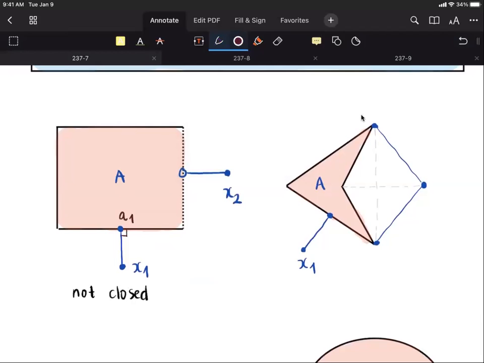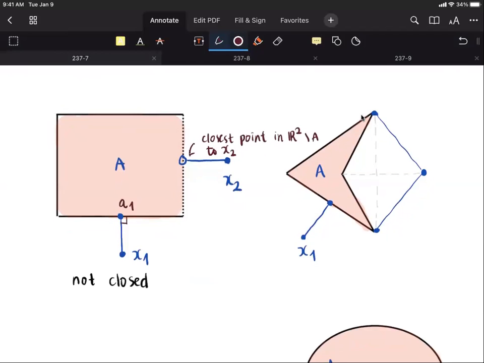Here is the closest point in the plane to the point x2. So this is a point closest to x2, but this point is in R2, but not in A. So in this case, if your set is not closed, then it is possible that you have non-existence.